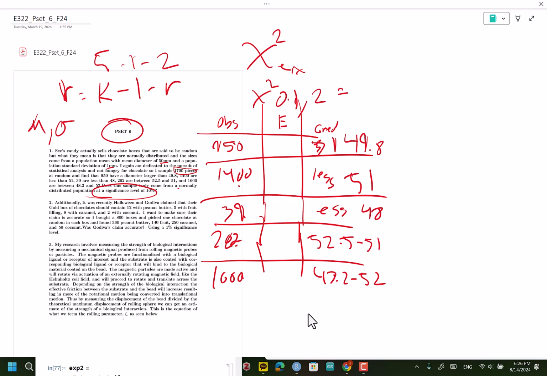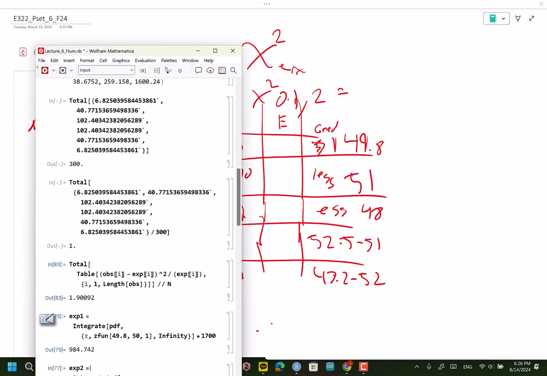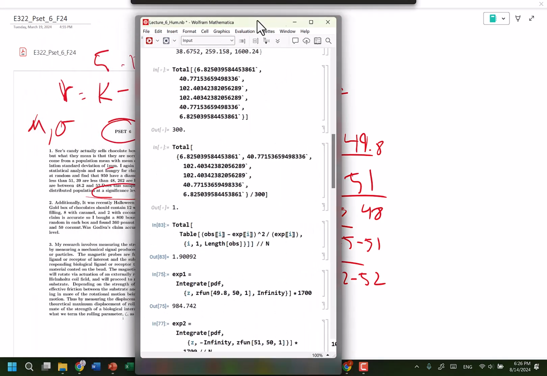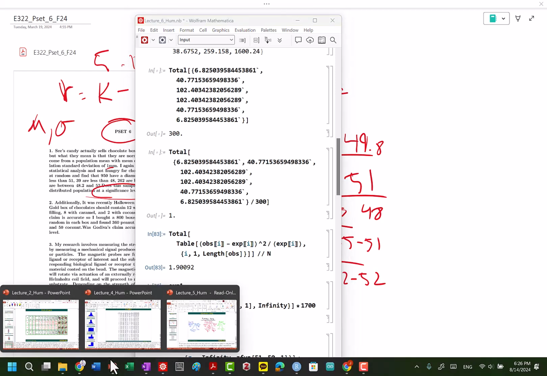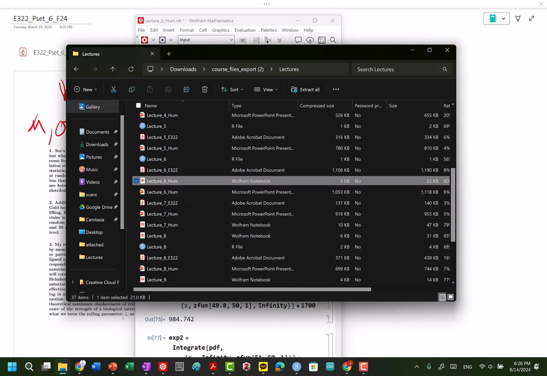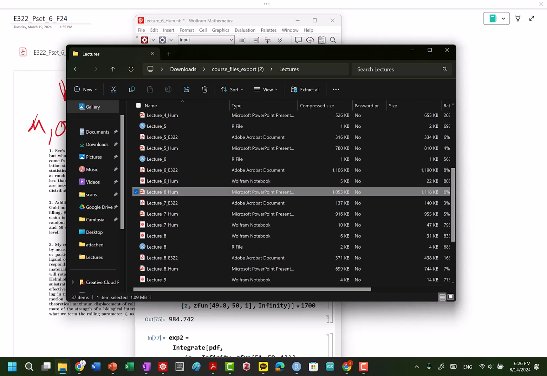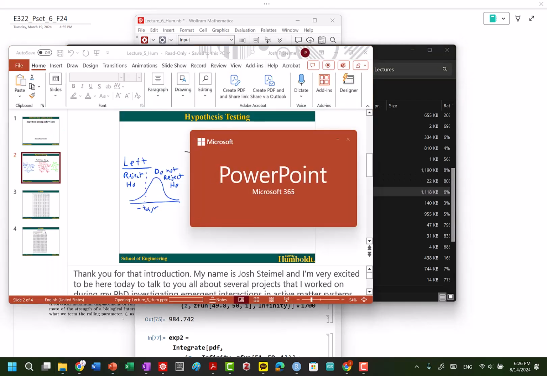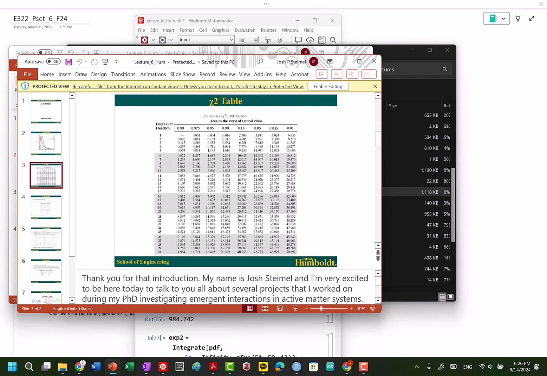And we can look at that. Let's open our chi-squared table, it should be in lecture 6. Let's see our chi-squared table.